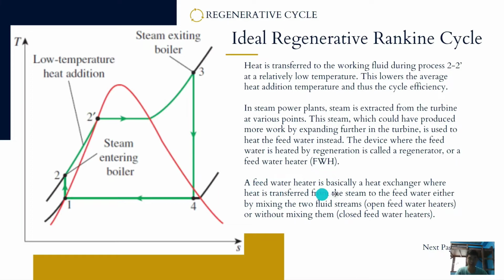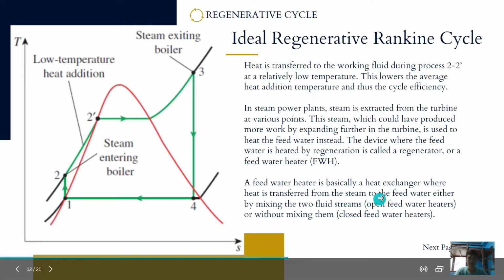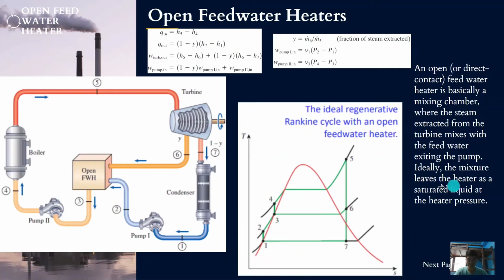A feed water heater is basically a heat exchanger where heat is transferred from the steam to the feed water, either by mixing the fluid streams, as in open feed water heaters, or without mixing, as in closed feed water heaters. First, open feed water heaters.